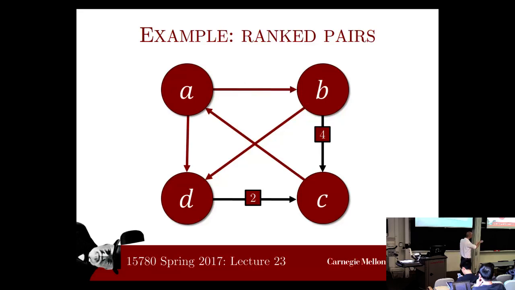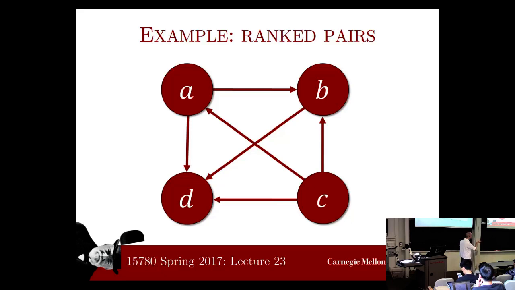But now, the next edge is this one, but if we locked it in the right direction, we would get this cycle, ABC. So we have to lock it in the opposite direction, which is what we do. Then this edge, if we lock it in this direction, we would get this cycle. So we have to lock it in the opposite direction. So at this point, we have a complete acyclic graph. And now how do we interpret it?